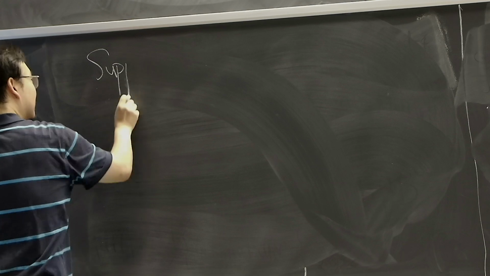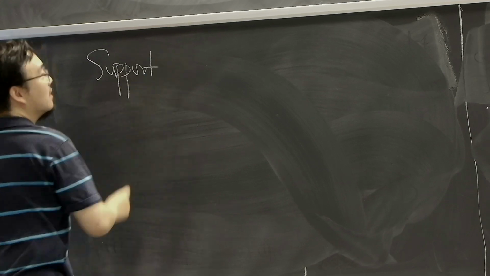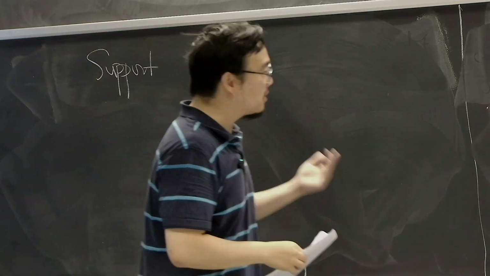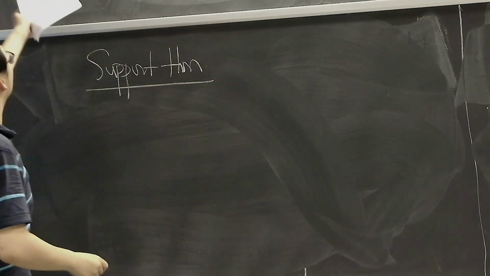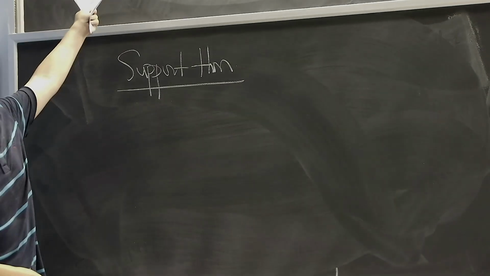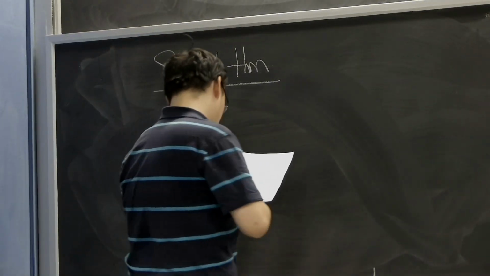Okay, so the key player is another support theorem. I claim that actually all the formulas are deduced by essentially one thing, which is a support theorem, but not for JC bar, which we have already treated last time, but for the Hilbert schemes.